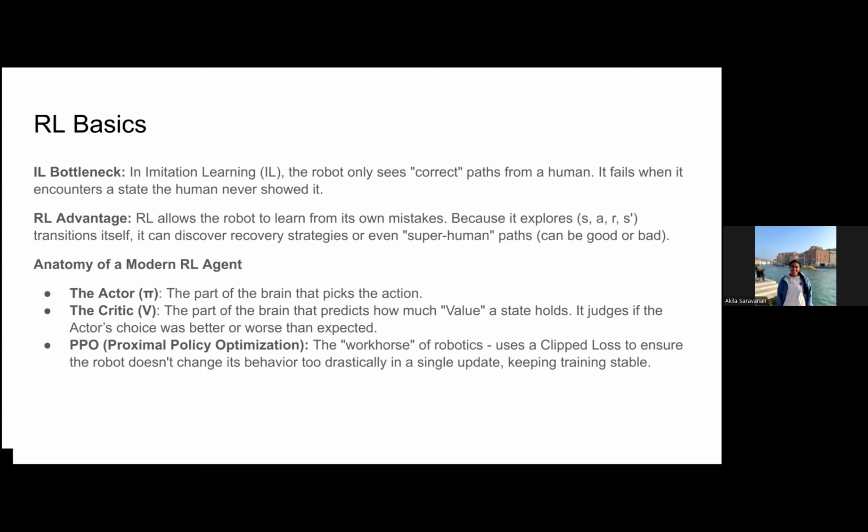I think I would add to that that ChatGPT is the best example. In LLM terms, imitation learning is the SFT, which is supervised fine-tuning, where you give questions and exact answers.